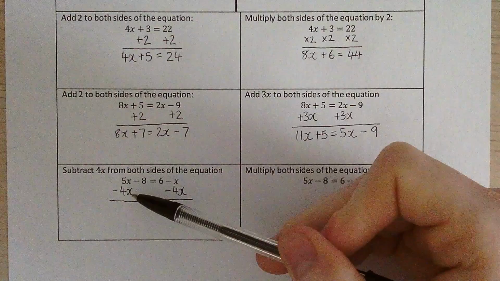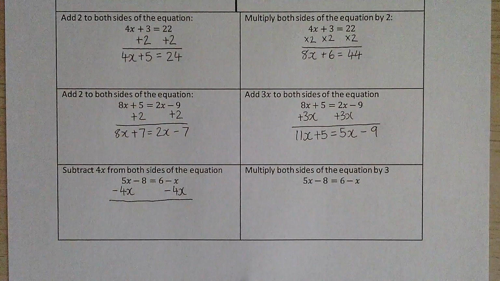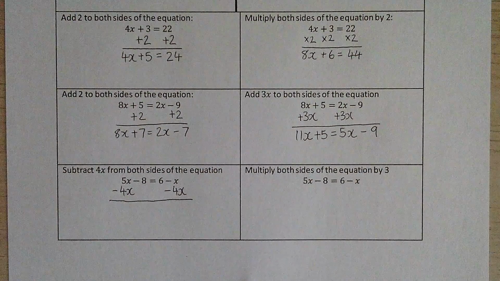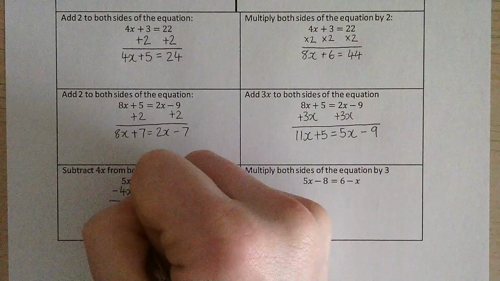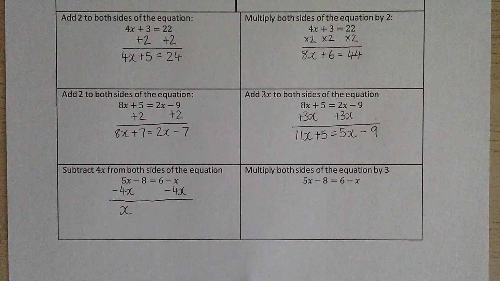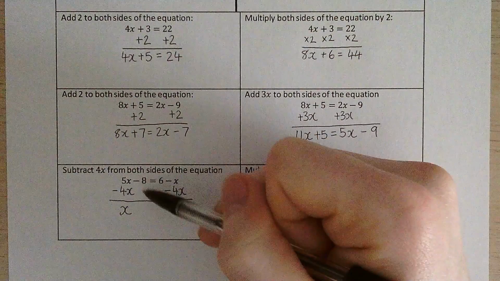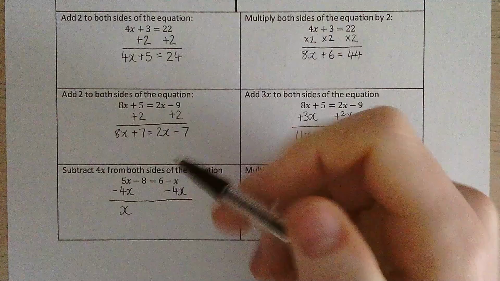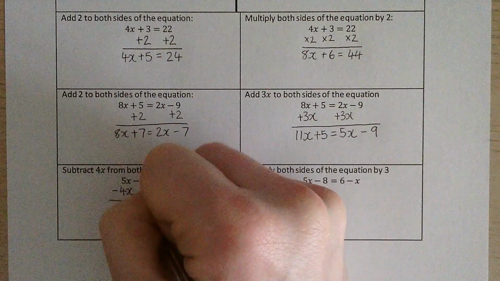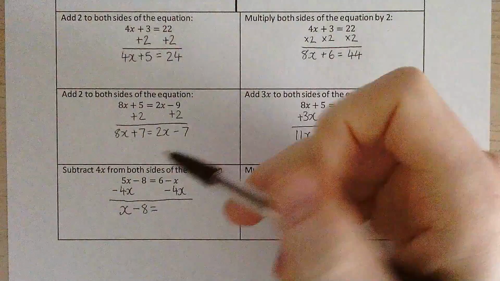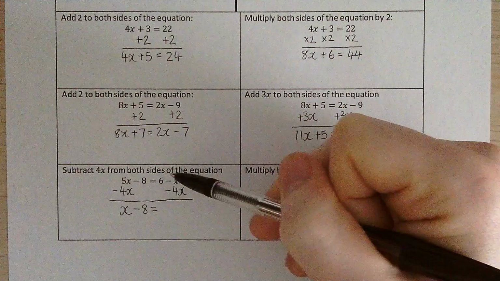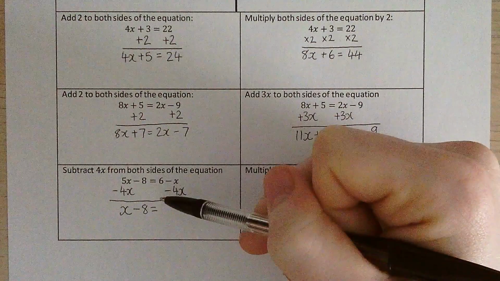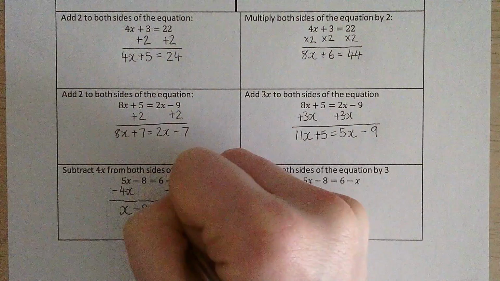5x take away 4x, well 5 take away 4 is 1, so 5x take away 4x leaves us with just x. Minus 8, and we're not doing anything with minus 8, so it will stay as minus 8. The equal sign will drop down. Nothing is happening to 6, so 6 will drop down.